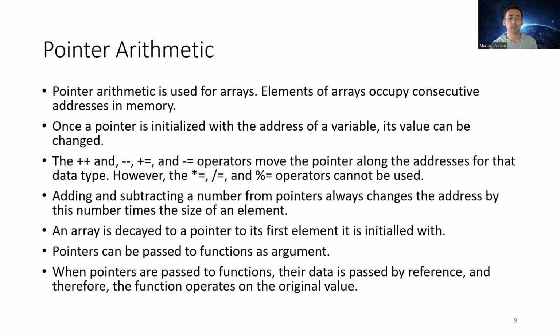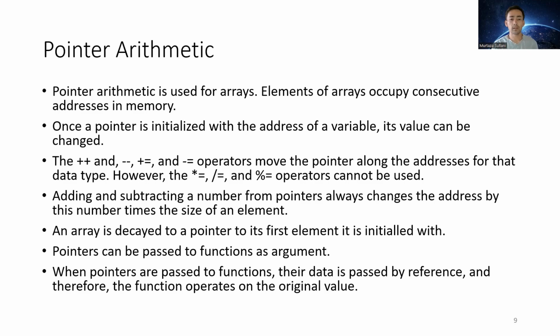Adding and subtracting a number from a pointer changes the address by that number times the size of the element. For example, if it is an integer, it is multiplied by 4. If it is a double, it's multiplied by 8.